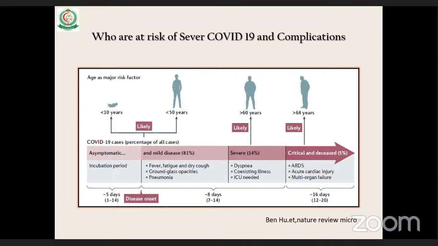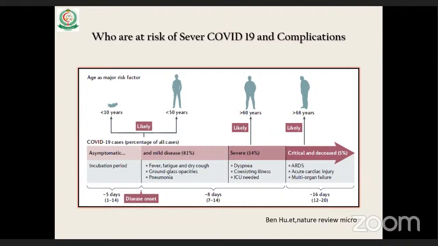And of course, it's important to mention that everybody is put at risk to get the infection, but who is at risk of getting severe and complicated disease? Older people. So age by itself is an independent risk factor to develop severe COVID-19 in addition to its complications. There is a proportion of patients that might never develop symptoms.